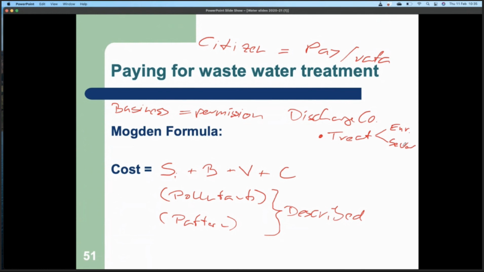If you treat the water yourself for discharge into the sewer, then all you're doing is affecting the concentration of BOD or solids or volume or whatever, and you make it more palatable for the wastewater company. If that isn't good enough, you could decide to treat the water yourself and send it directly into the receiving environment.